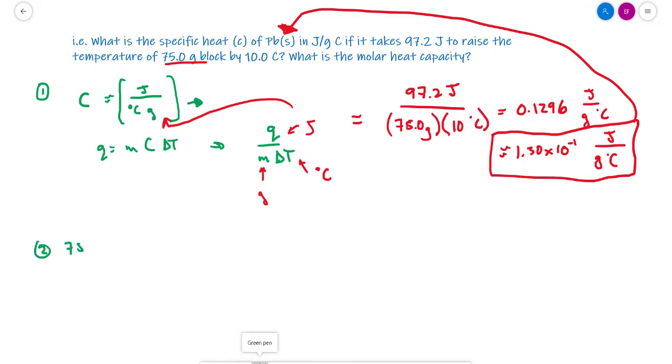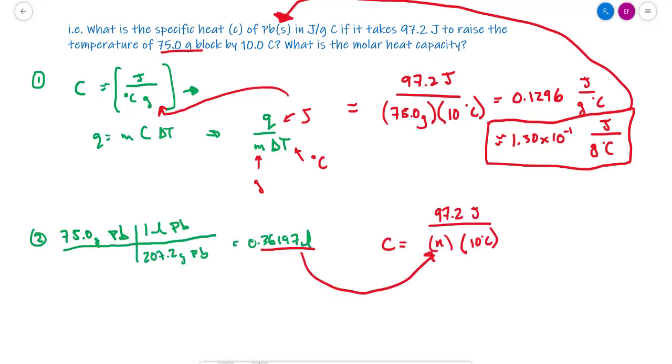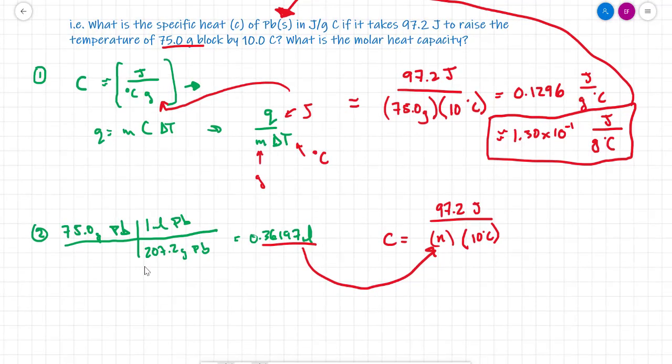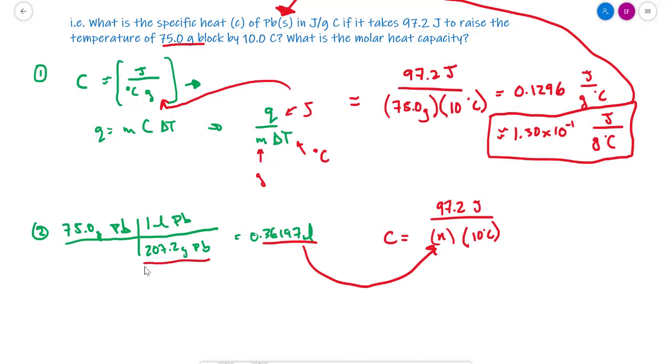So let's say 75 grams of lead, that's going to be equal to 0.36197 moles of lead, just using the atomic weight of lead from the periodic table. And then the equation for C here, I'll put maybe subscript little m for molar heat capacity compared with specific heat up here.